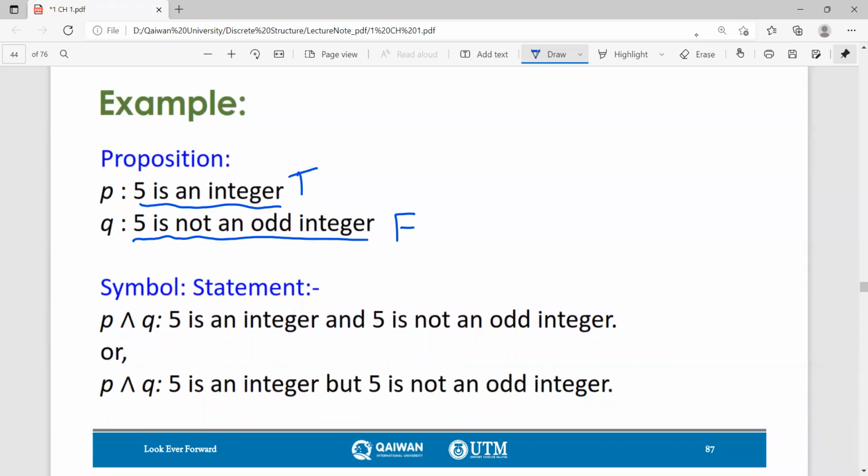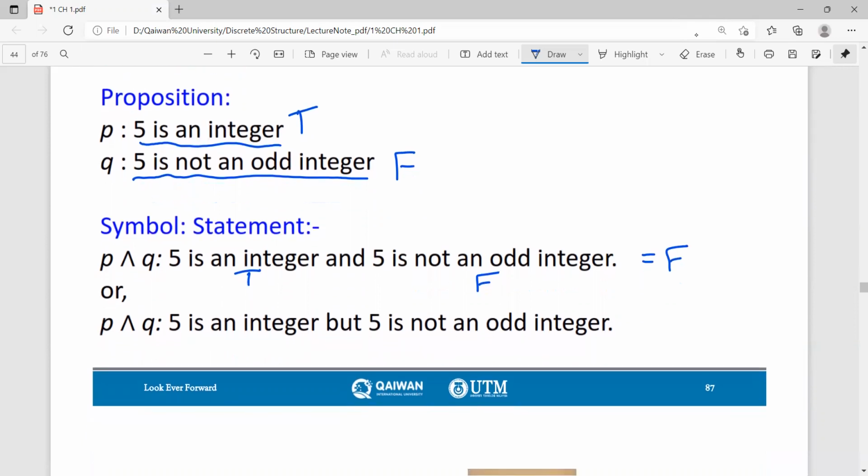If we write them together, this is true and this is false, so the result is false because at least one of them is false. You can also write it as 5 is an integer, but 5 is not an odd integer.